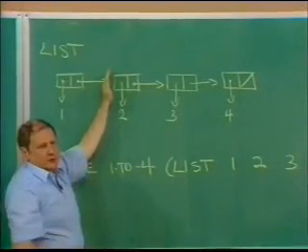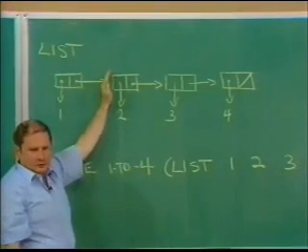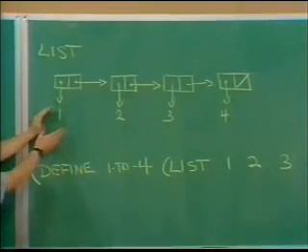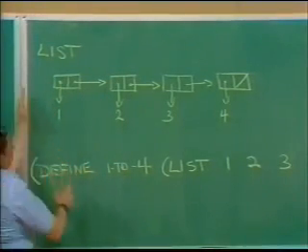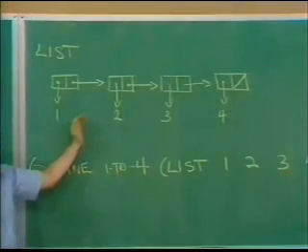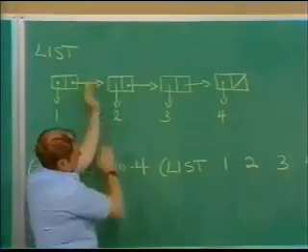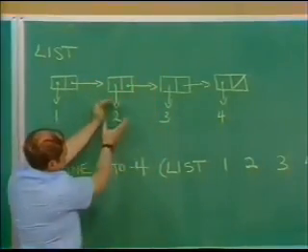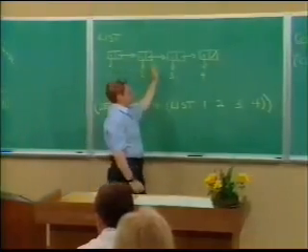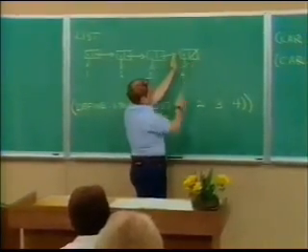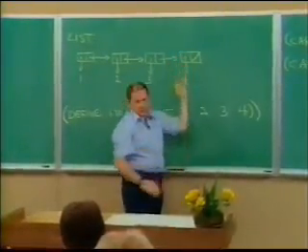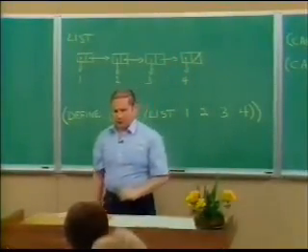That would be scale list of the cdr of the list. And then all I have to do is multiply the car of the list by 10, and then cons that onto the rest, and I'll get a list. And then similarly, to have scaled the cdr of the list, I'll scale the cdr of that, and cons onto that 2 multiplied by 10. And finally, when I get all the way down to the end, and I only have this end of list pointer, this thing whose name is nil, I just return an end of list pointer. So there's a recursive strategy for doing that.